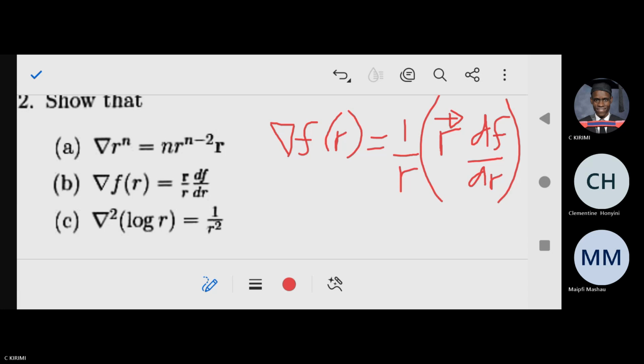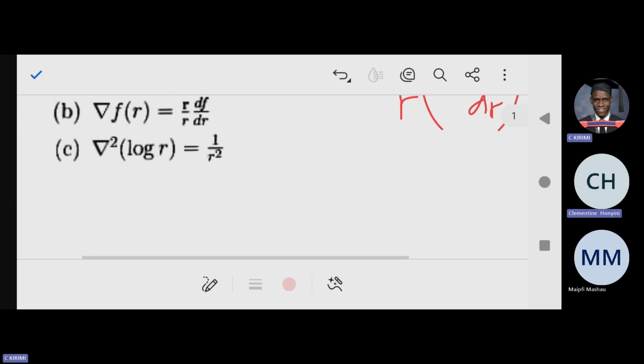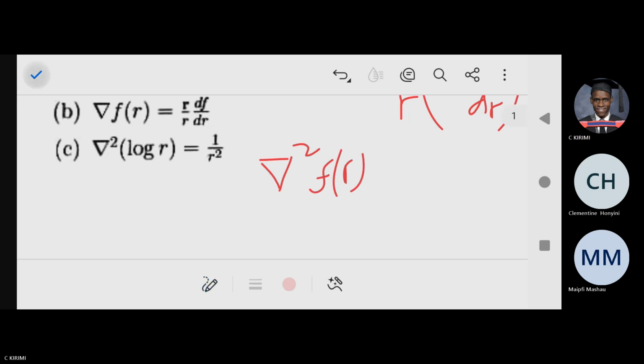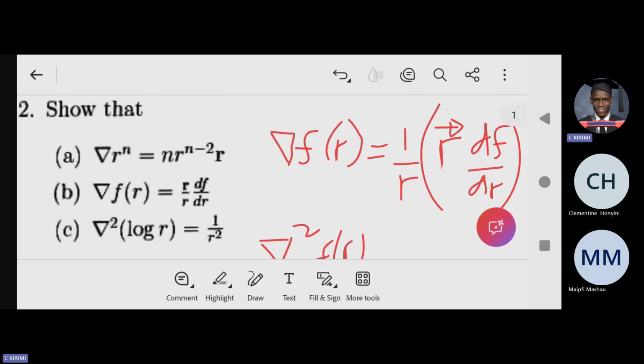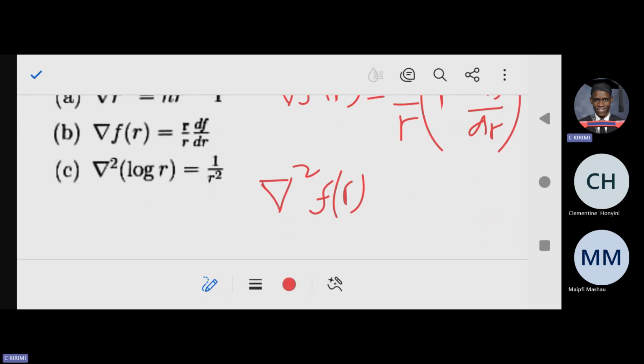Yes. Right. In such a way that if I am to square this expression which I'm having here above, suppose I have grad squared of f(r), how am I going to relate this equation? Yesterday I said we are supposed to partialize; of course, grad squared means the partial derivative a second time.